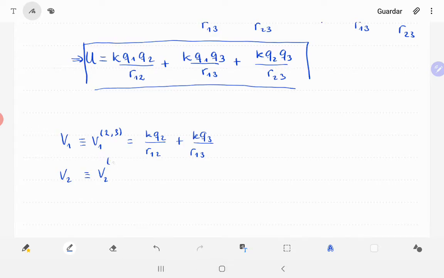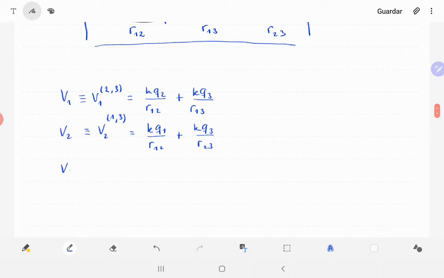In this system of 3 point charges, this is due to 1 and 3. This is equal to K Q1 over R12 plus K Q3 over R23. And the same for the electric potential at point 3: it's the potential at point 3 because of all the other charges, which are 1 and 2. So this is equal to K Q1 over R13 plus K Q2 over R23.